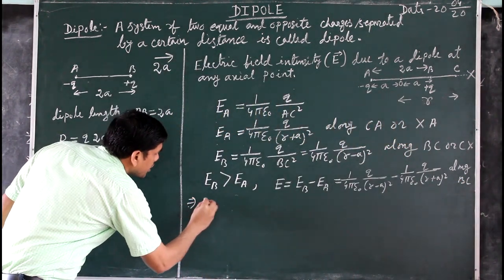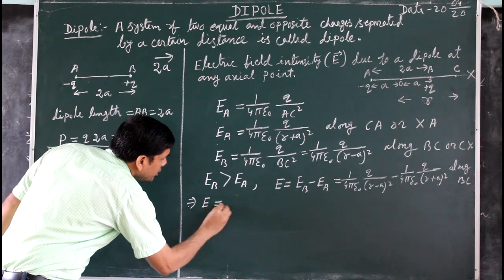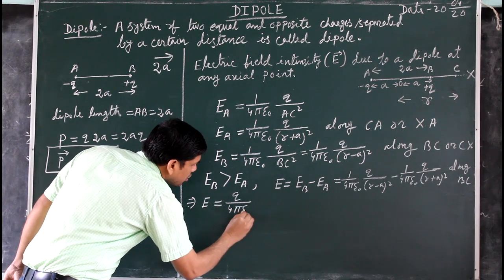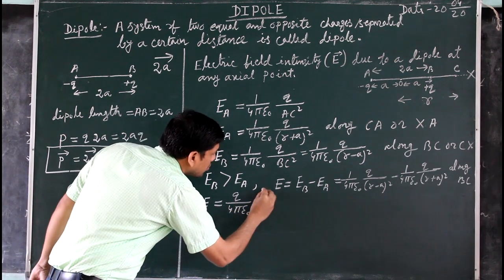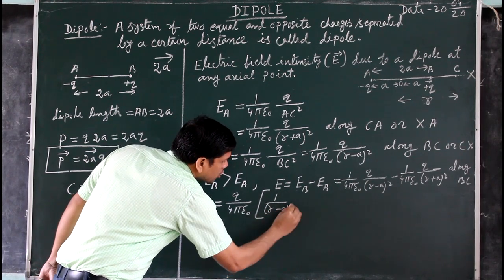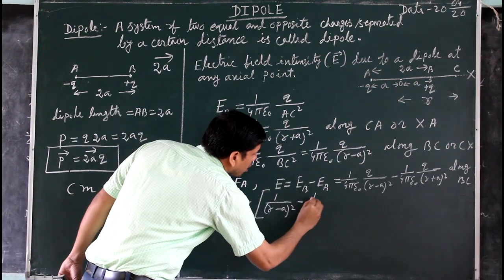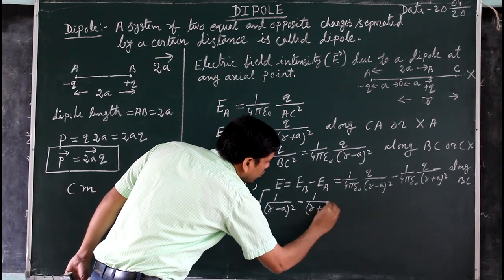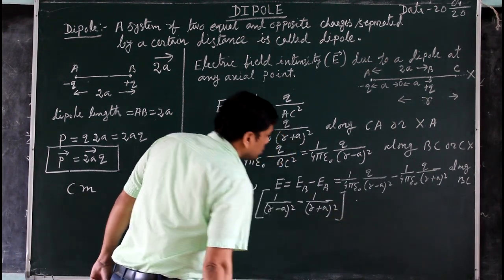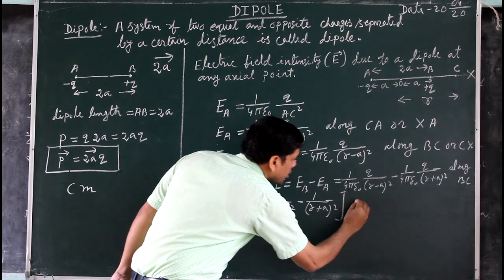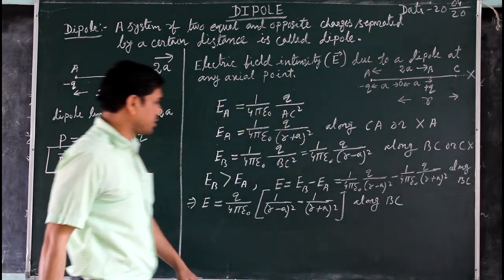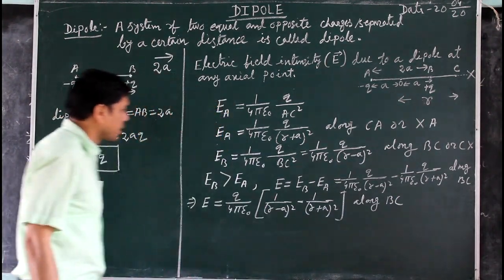So it implies that resultant electric field E equal to, taking common, q by 4 pi epsilon naught within the bracket, 1 by r minus a whole square minus 1 by r plus a whole square. Okay? Or you can also write direction along BC. Along BC gives the direction, and this only gives the magnitude.